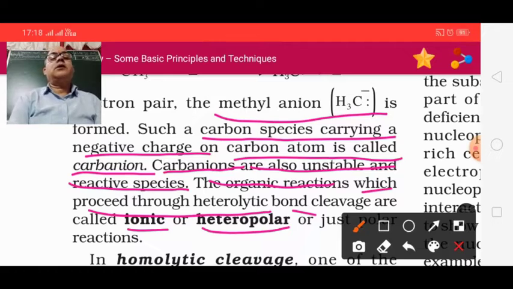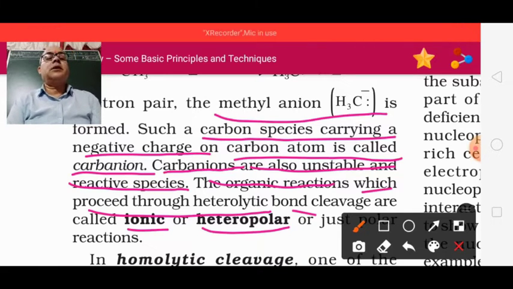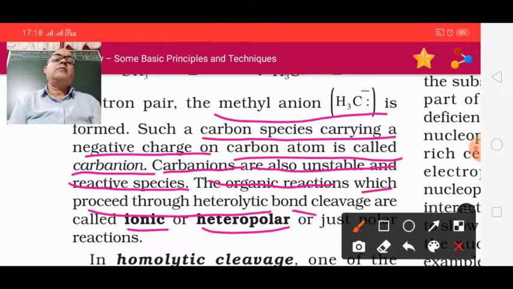In homolytic cleavage, carbon free radicals are formed, while in heterolytic cleavage, carbocation and carbanion species are formed. All these three species are very reactive. Free radicals are very reactive, and they react to complete their octet by gaining one electron.